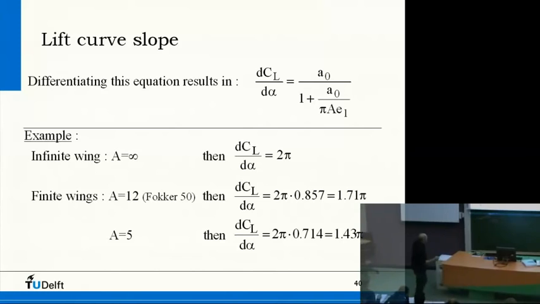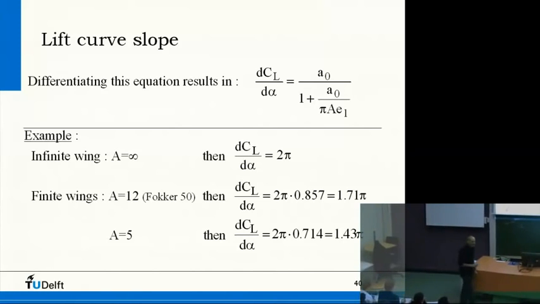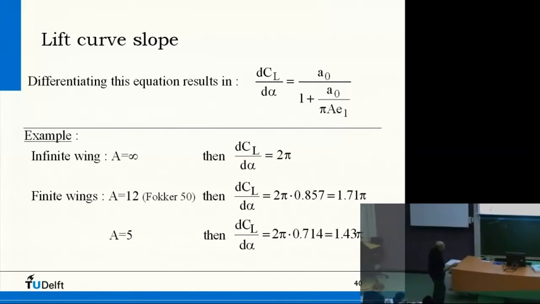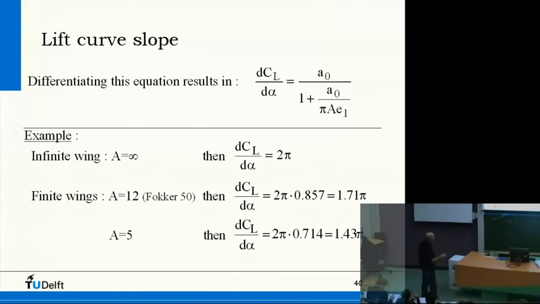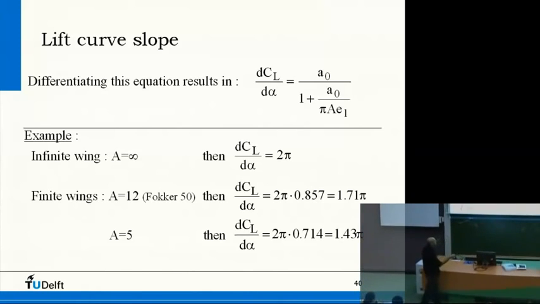So if we have an infinite wing, then of course it is 2 pi, because then A0 is 2 pi. Infinite wing, so this is 0, right? So it is A0 divided by 1, and A0 is 2 pi, so then dCL/dalpha is 2 pi. So that's the thin airfoil.